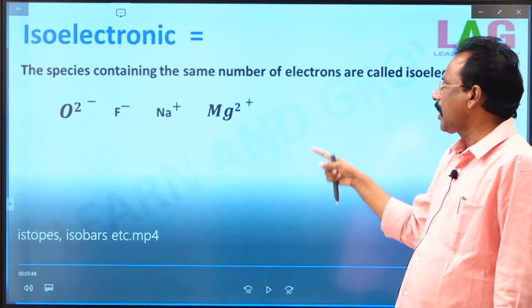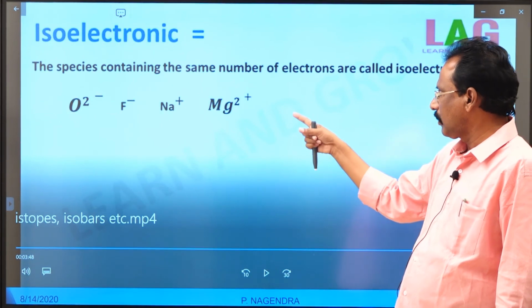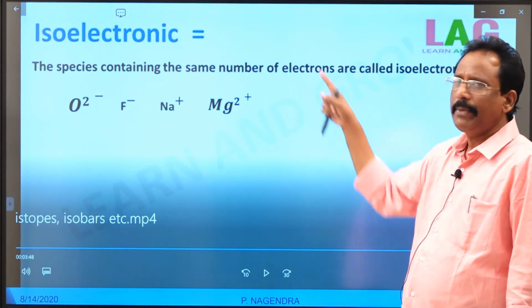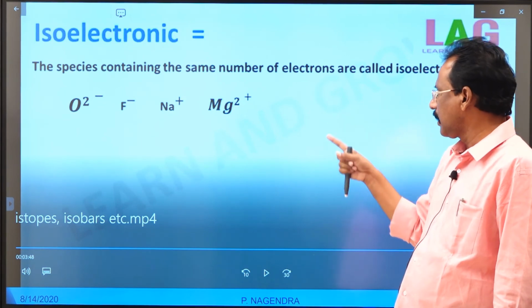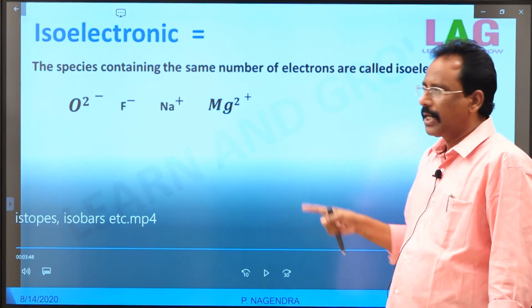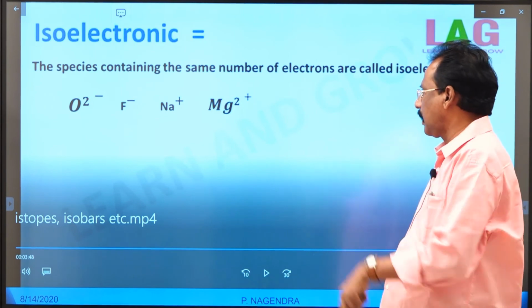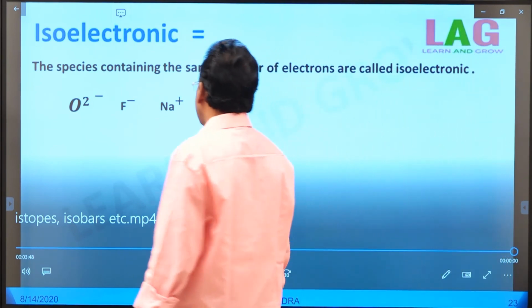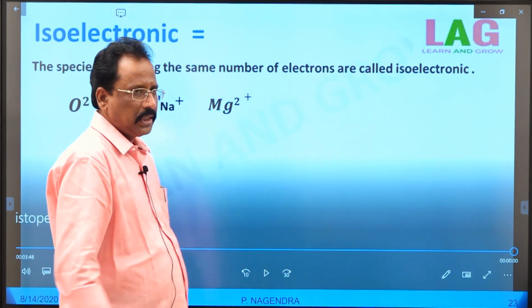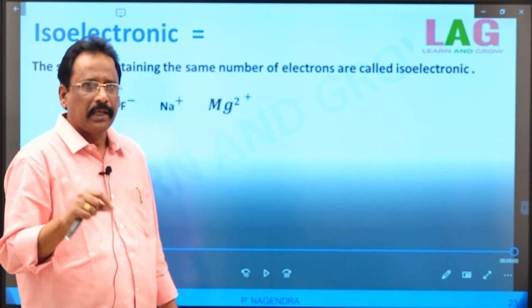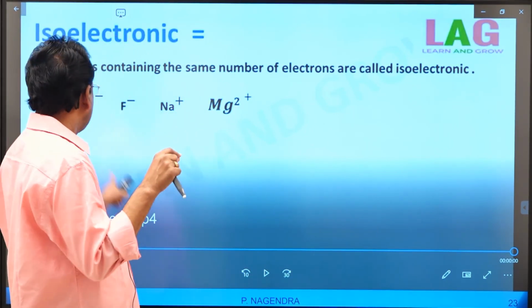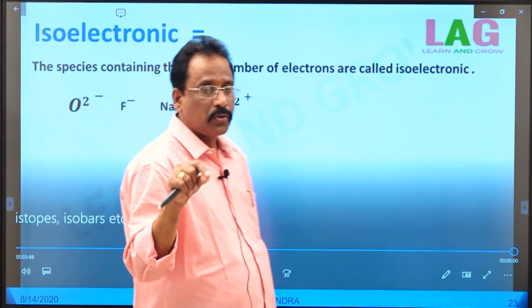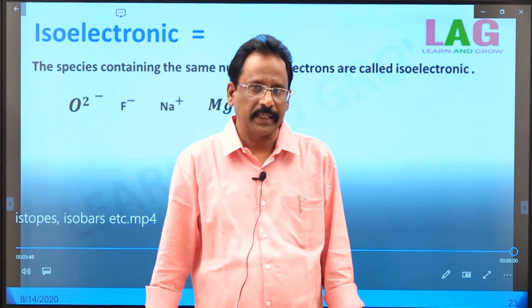In the fluoride ion, 10. In the sodium ion, 10. In the Mg+2 ion, the total number of electrons is also equal to 10. So in all these four ions, the total number of electrons is the same. That is why they are said to be isoelectronic species.